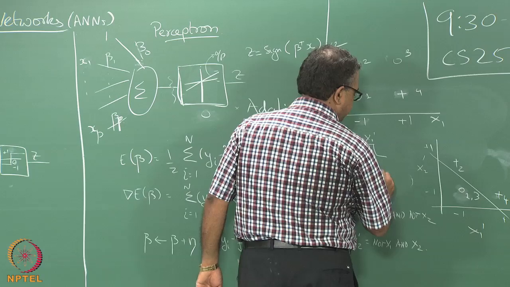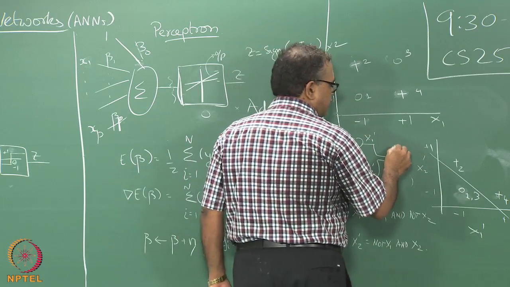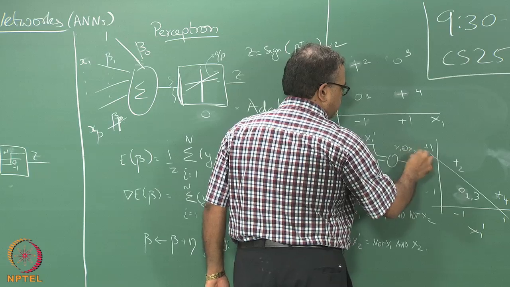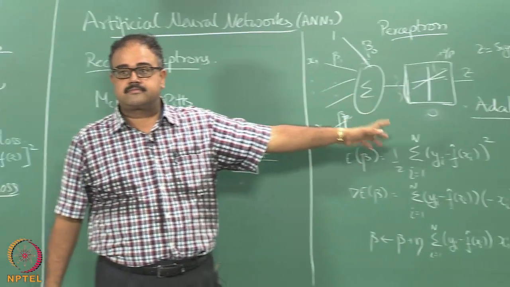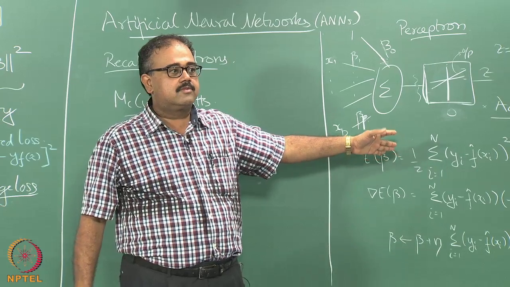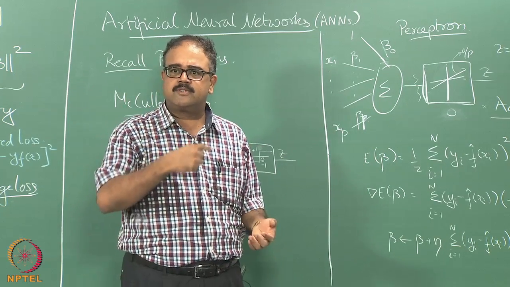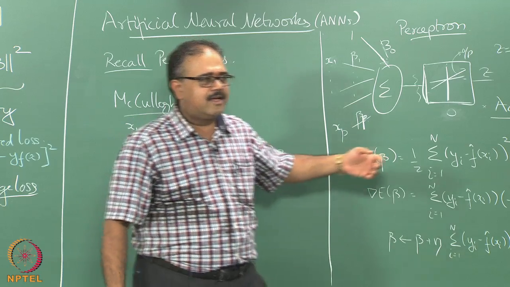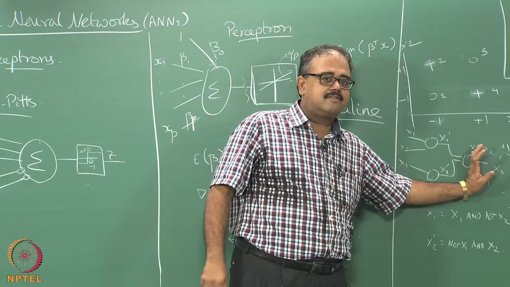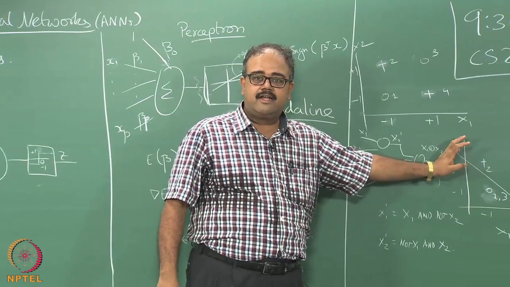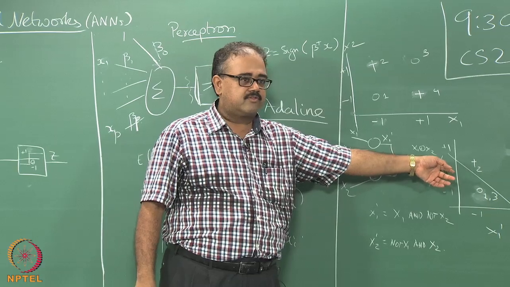So take these, feed it to another perceptron which will actually compute the output. Anyway, so essentially we have shown that I can actually put these perceptrons in layers and I can solve what was originally thought to be a problem that cannot be solved by perceptrons.